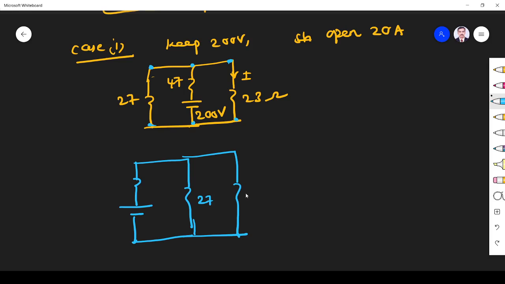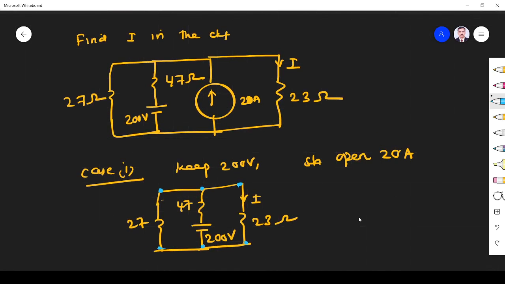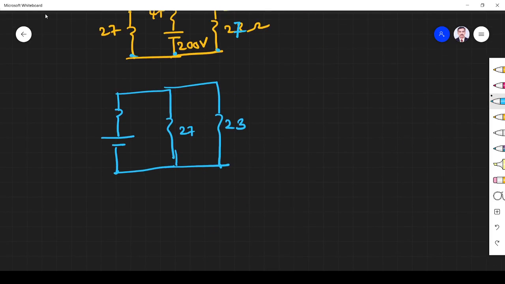Here we have one resistor, 4 ohm. I didn't draw it, but here it is 4 ohm. So 23 plus 4 is 27, so this will also be 27 ohm.